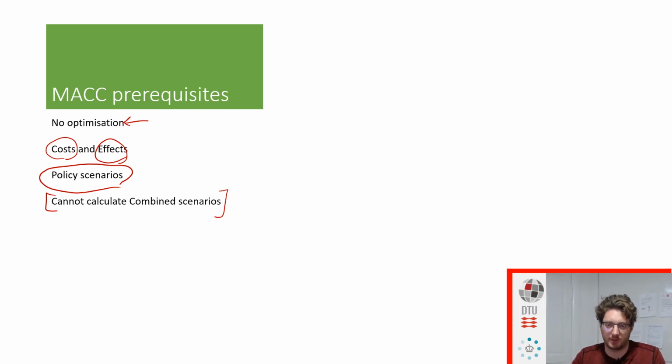The whole retrospective part of LEAP's calculation also means if you want to separate out a certain interdependence, you will have to make a MACC curve for just these two separately, and then compare that to the other partial MACC curves, which is a bit of an unfortunate thing, but it's rarely used in this case.